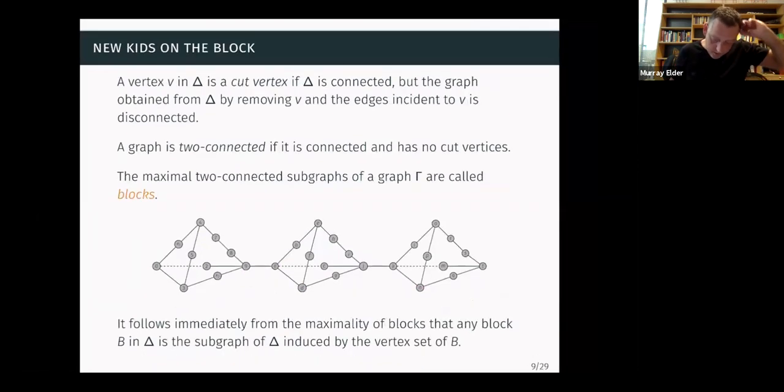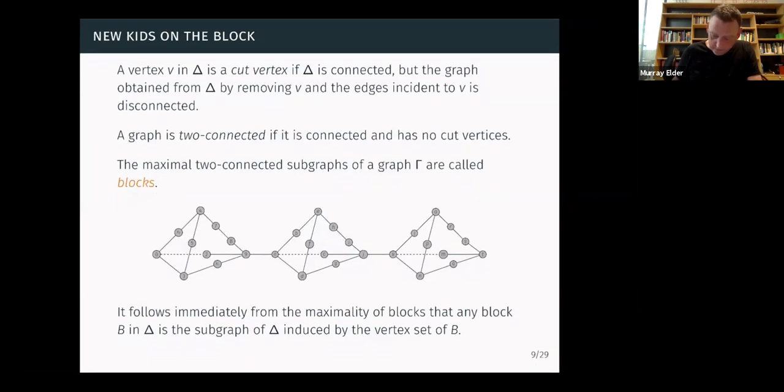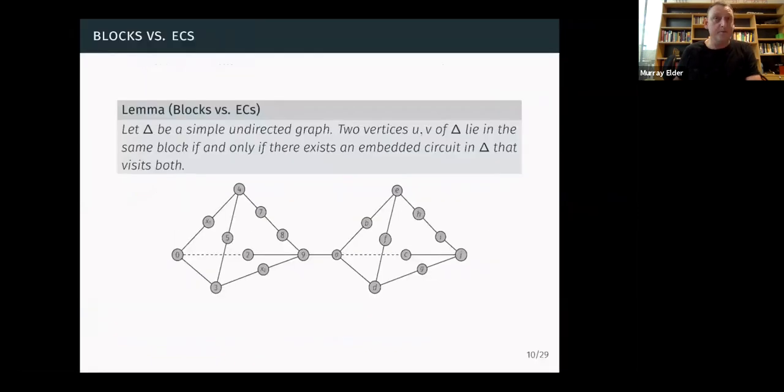It follows from the maximality of the block that any block B is the induced subgraph of the vertices of that block. Okay, so that's maybe enough graph theory for everyone, because I promised 3 different fields of research.